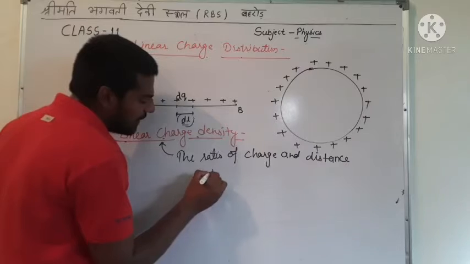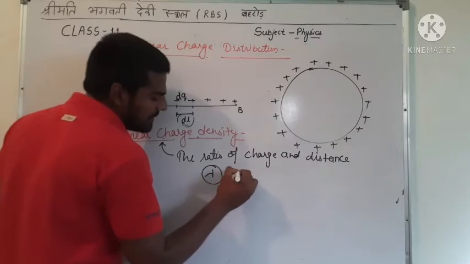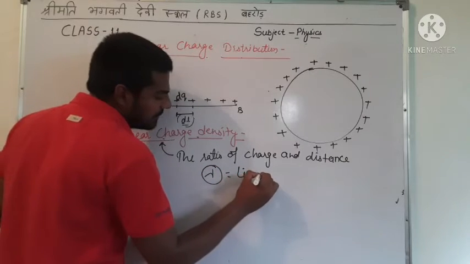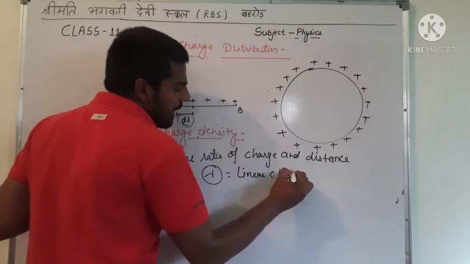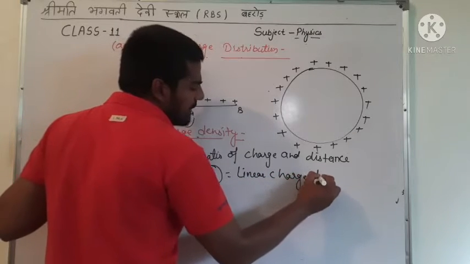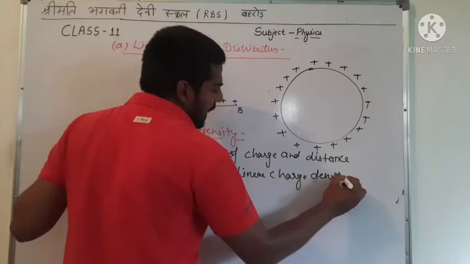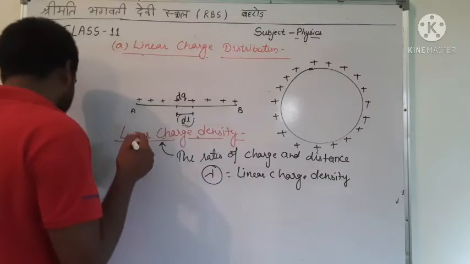It is represented by lambda. Lambda means linear charge density, and the formula is here.